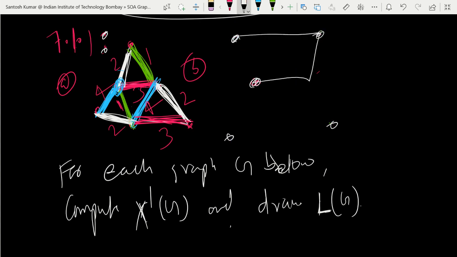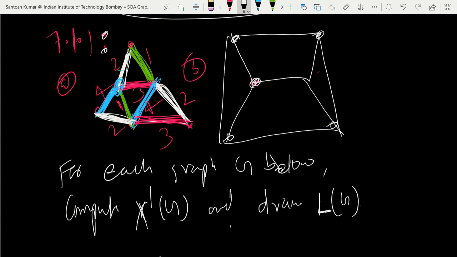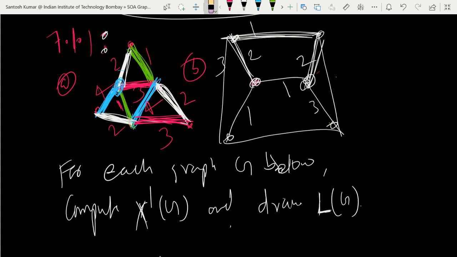Okay, so this is a graph. So we'll start from here. So 1 2 3, okay, and 1 2, okay, 3 here and 1, so I should not take 1 here now.